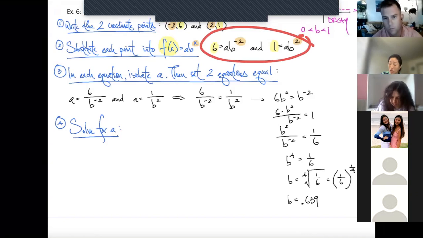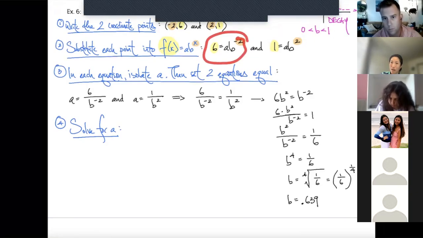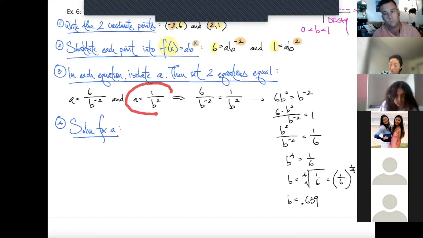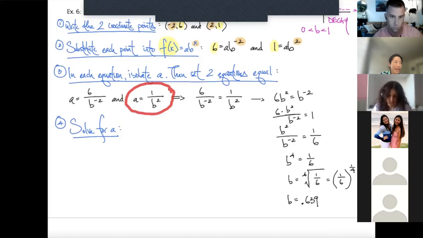We can either use the first equation, plug in our B value and find A, or we can use the second equation. And I would argue that there are even more efficient equations on this page right now. If we bring our eyeballs to this equation, we already solved for A: A equals 1/b squared. This equation might be the easiest one to help us find A.